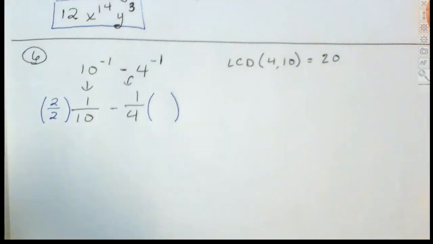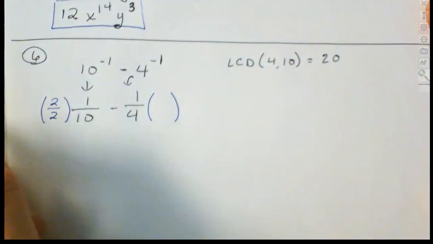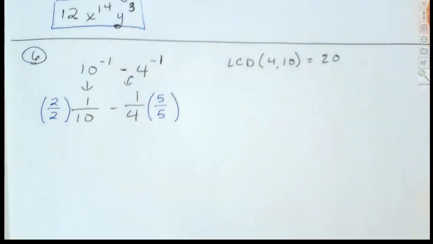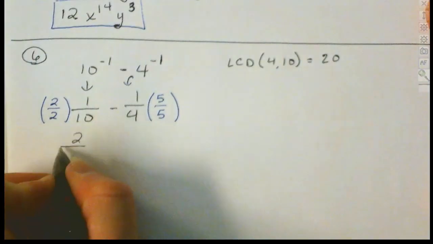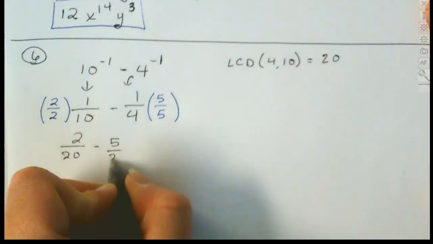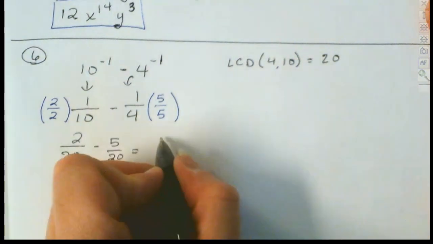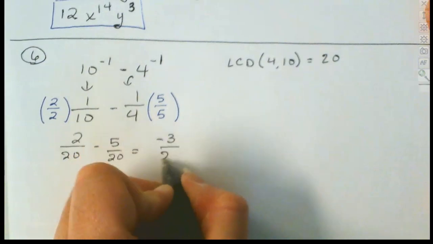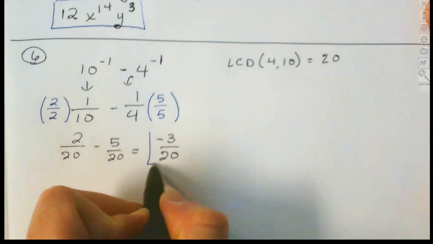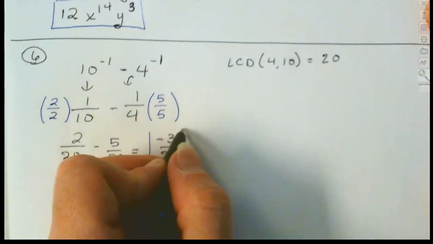So we need a 2 over 2 here. And we need a 5 over 5 here. So that is then 2 over 20 minus 5 over 20, which then gives you a minus 3 over 20 for your final answer.